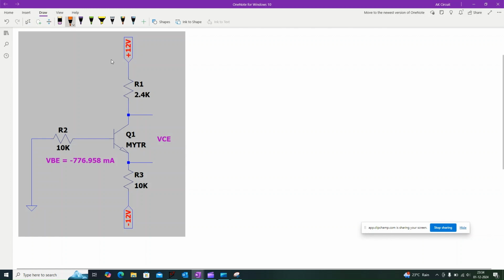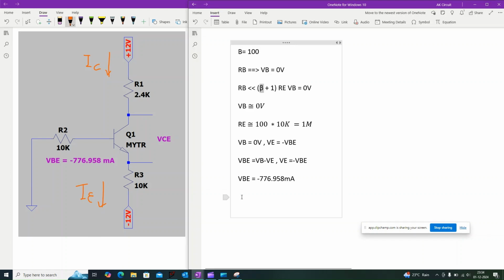And we can assume that the collector current IC is approximately equal to the emitter current IE, because here the value of beta is equal to 100. As we know, alpha is equal to beta divided by 1 plus beta, which is equal to 0.99.